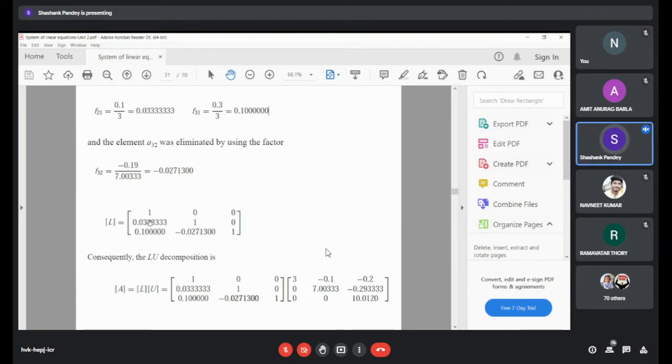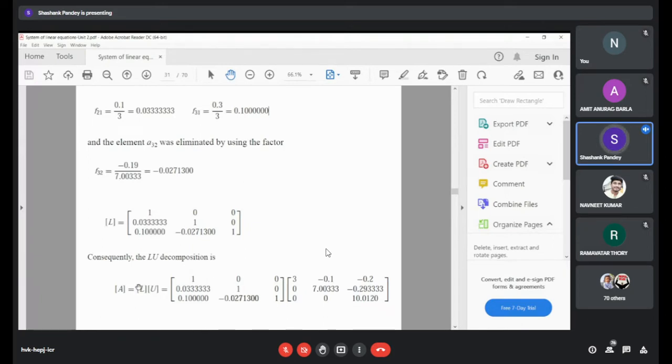So here you can see f21 is this factor, f31 is this factor, and similarly f32 is this factor. One is an upper triangular matrix, one is a lower triangular matrix. We are denoting the upper triangular and the lower triangular matrix by U and L.